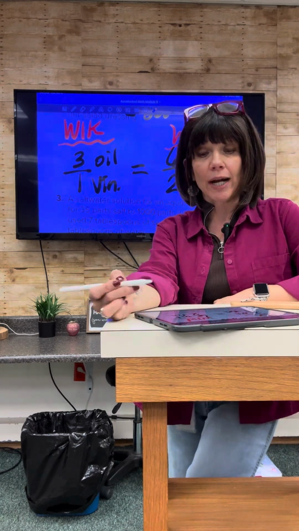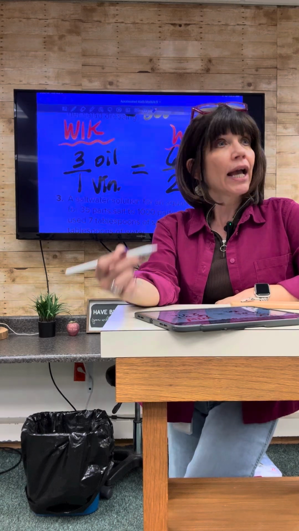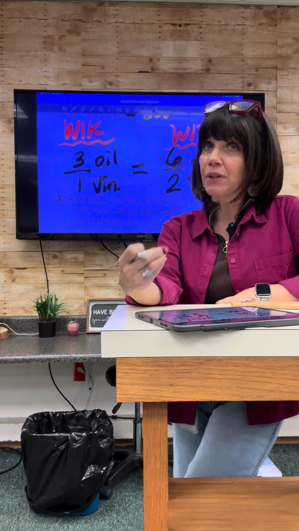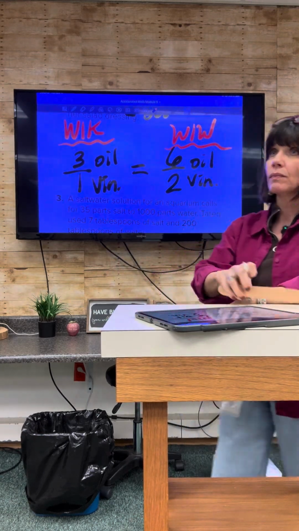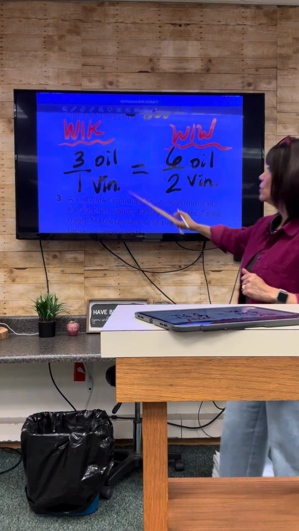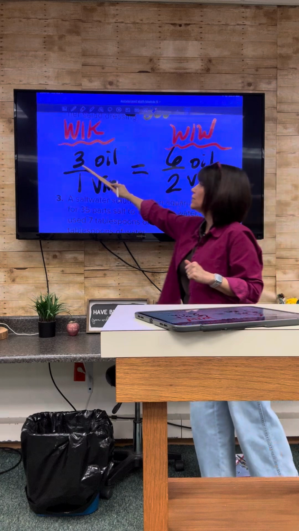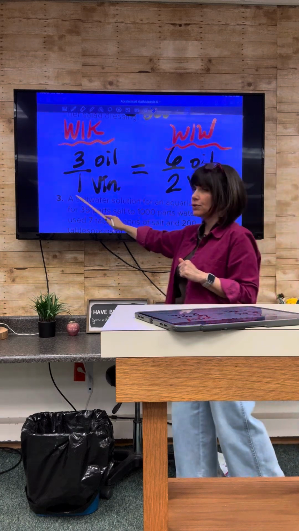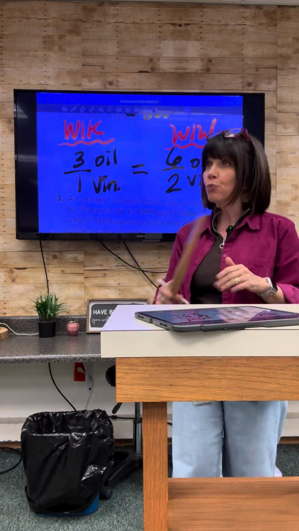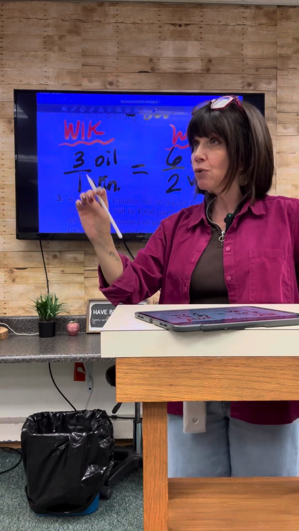These ratios are equivalent. And what would they be in simplified form? They would both come out to 3 to 1. Why? Because 6 divided by 2 equals 3, and 2 divided by 2 equals 1. Do you see how they both would simplify to a ratio of 3 to 1?